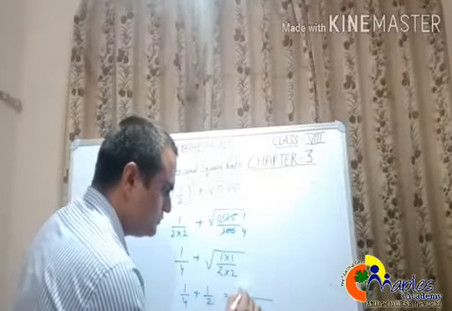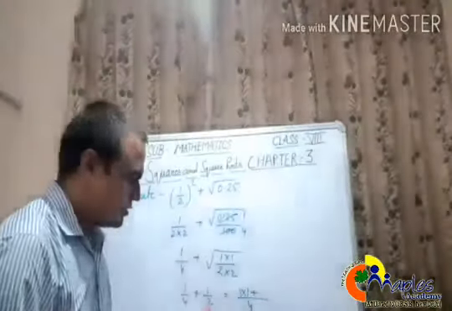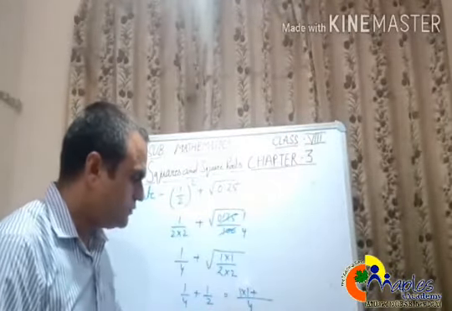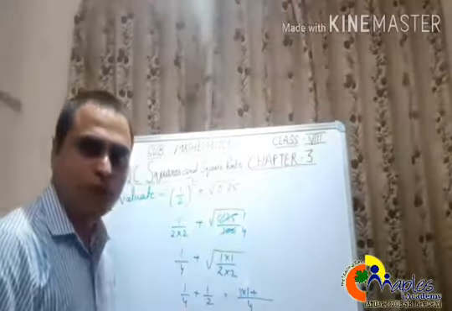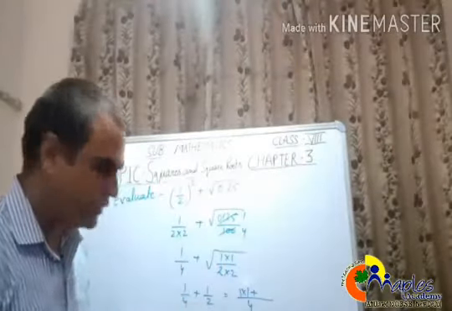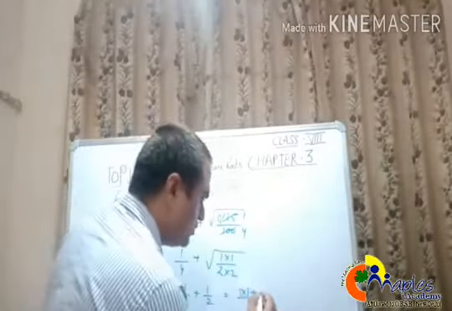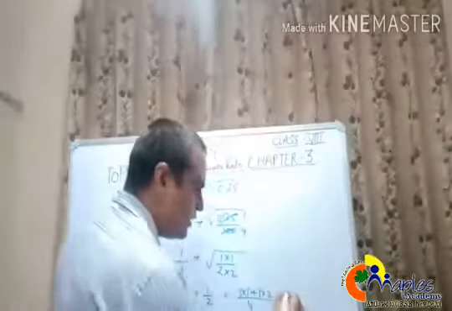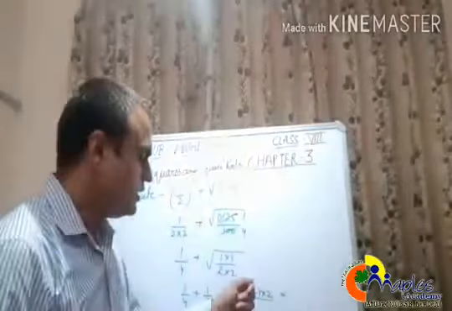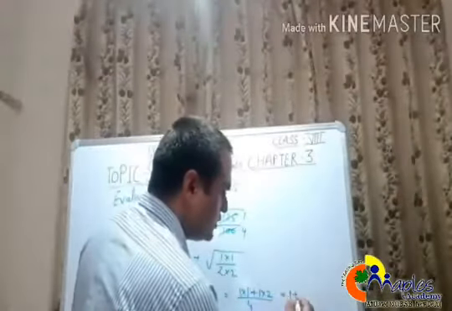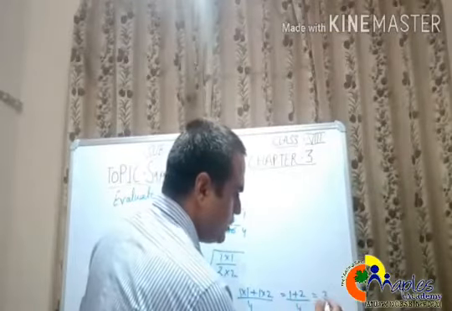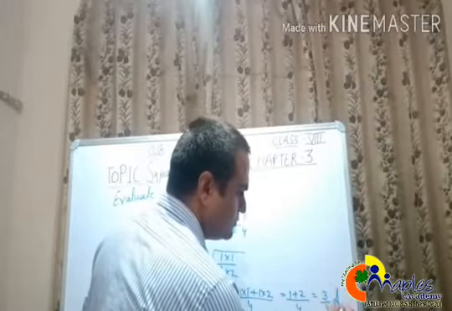So 1 into 1 plus, here the denominator is 2 and the LCM is 4. Now divide 4 by 2. It can be divided 2 times. 2 twos are 4. Now multiply it with the numerator: 1 into 2. According to board marks, you have to simplify this. 1 into 1 is 1. 1 plus 2 equals 3 upon 4. You get 3 upon 4 as your answer.